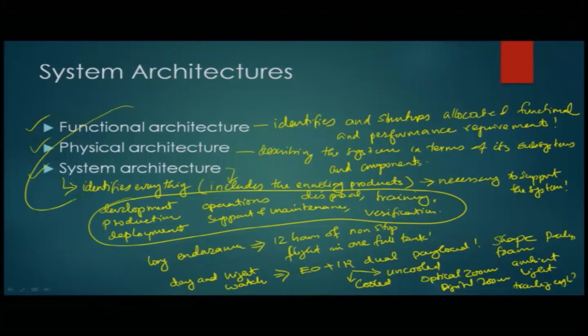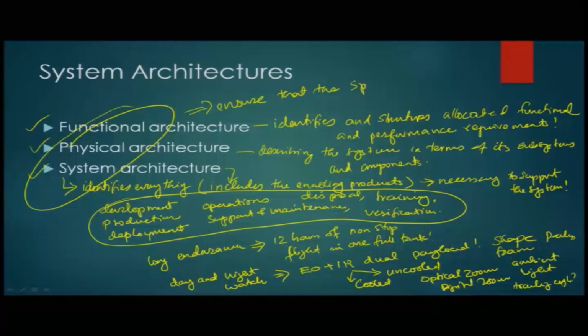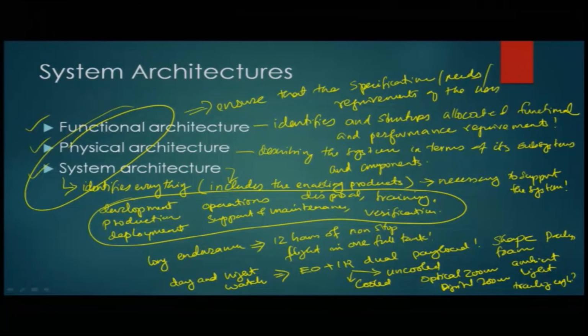All of this is to ensure that the specifications, or the needs or the requirements of the user are met. This is the reason why all of these things are done. So, these three documents put together ensure that the specifications and needs of the system, what the user has specified or wanted, are being met.